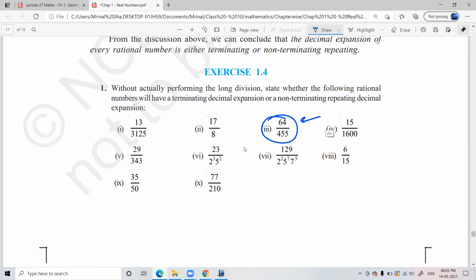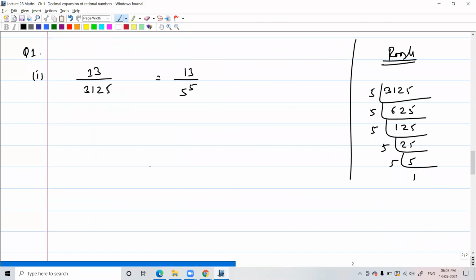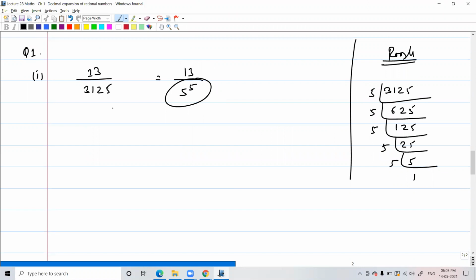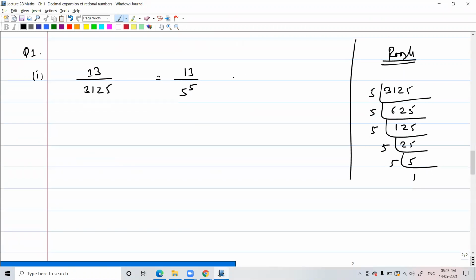Okay, let's see. 64 by 455. Okay, sorry, before that I stopped in the middle, I think. The first question, 13 by 3125. What kind of decimal expansion does this have, guys? Terminating.